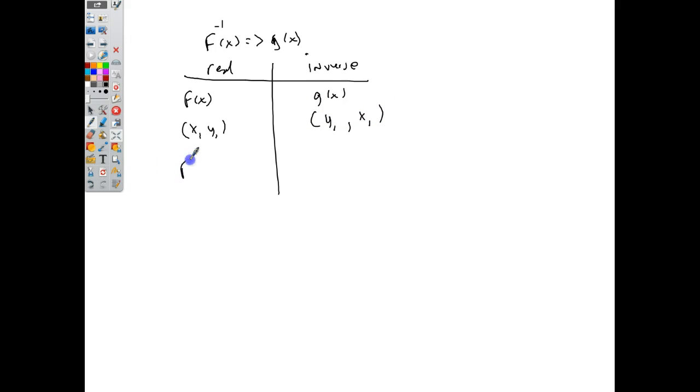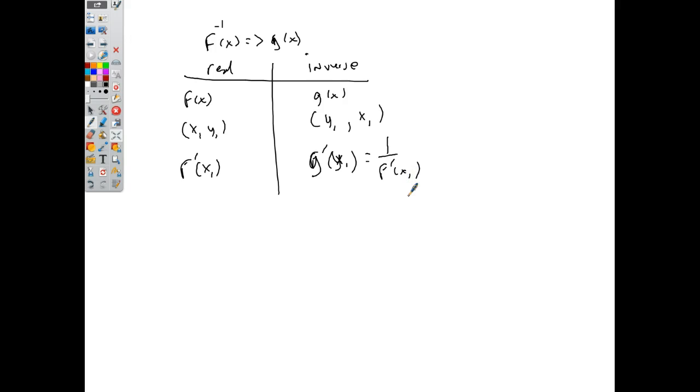The derivative at x1, whatever that would be over here, the derivative at y1 would be equal to what? 1 over f prime of x1. Okay. So that would be the notation.